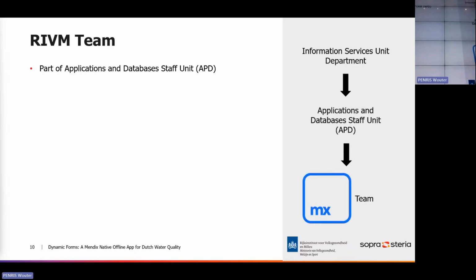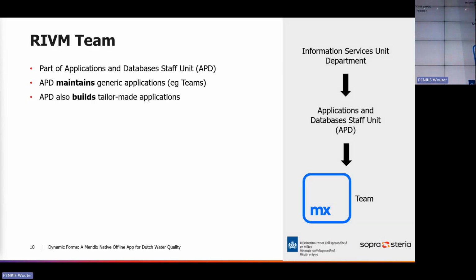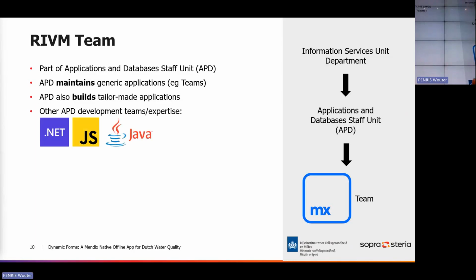Here you can see the structure. Our staff unit maintains generic applications like Teams, but we also build tailor-made applications. Mendix is not the only expertise that we have. We also have a .NET team, and we have people who are experienced in JavaScript and Java.